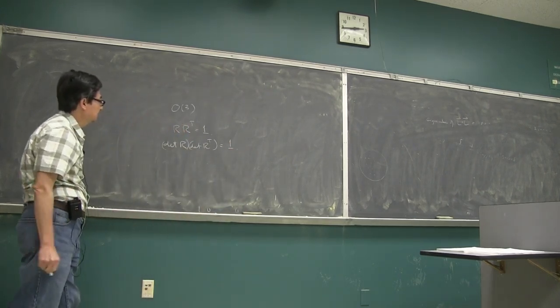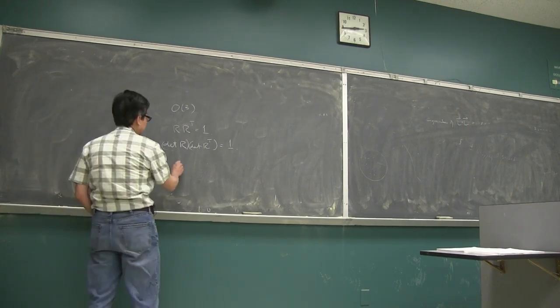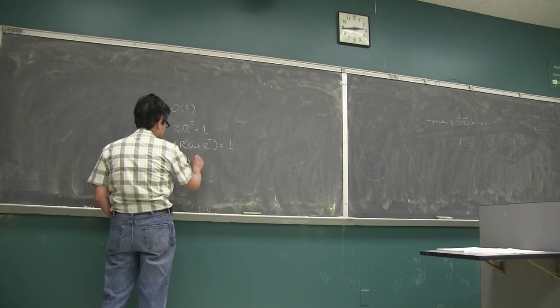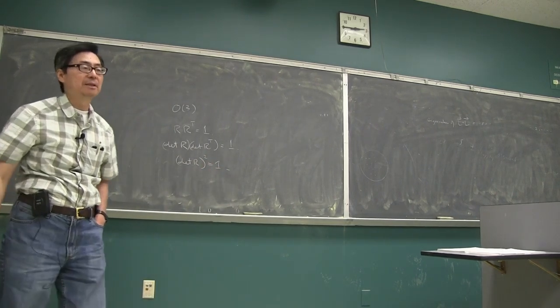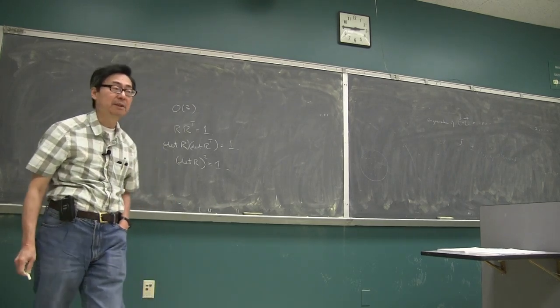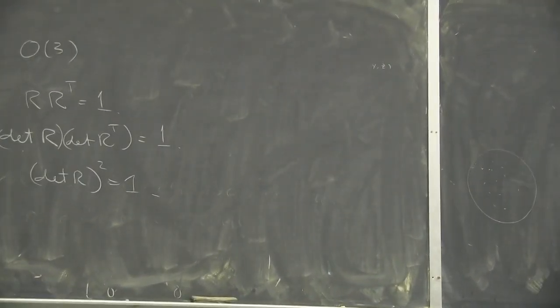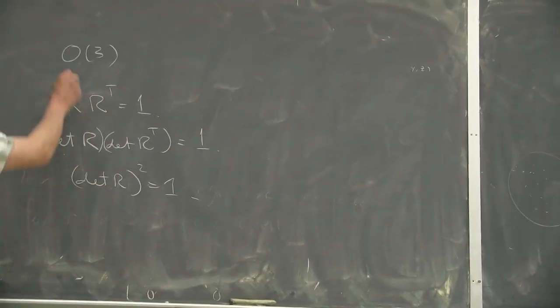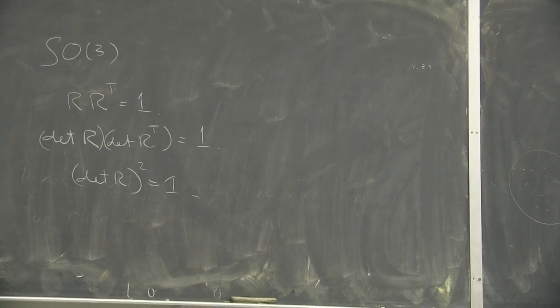But you also know that the determinant of transpose is equal to the determinant of the matrix itself, okay? So this says determinant R squared must be equal to +1, okay? So basically implies that the determinant of R must be either equal to +1 or -1, okay? And this goes for the O group. But if you add the requirement that the determinant has to be equal to +1, then you get a subgroup out of there, which is then the group SO3, which represents all the actual rotations, okay?